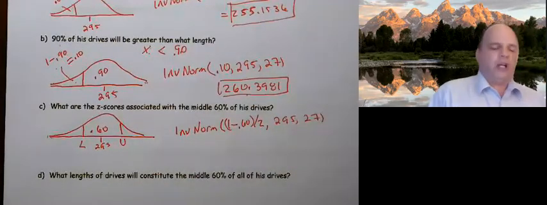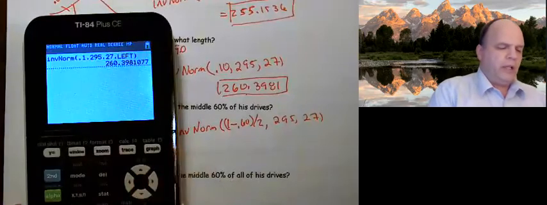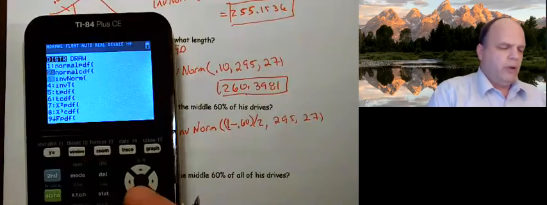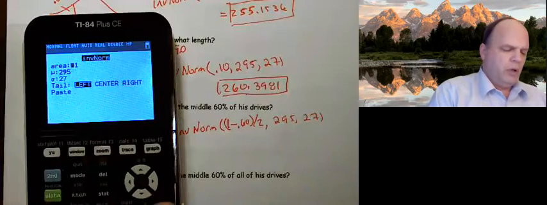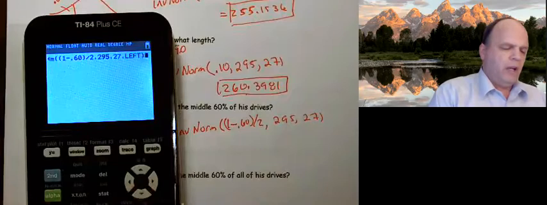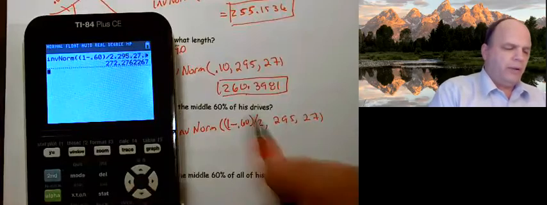So that value hasn't changed. So when I go about doing that, second vars, inverse norm, parentheses, 1 minus 0.60, close the parentheses, divided by 2, mean of 295, 27. And this gets me the lower bound.